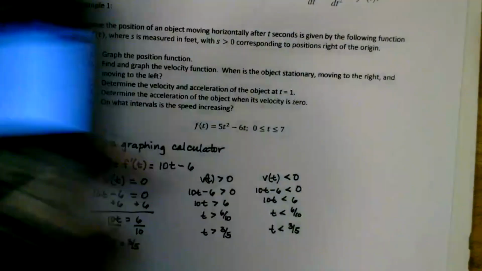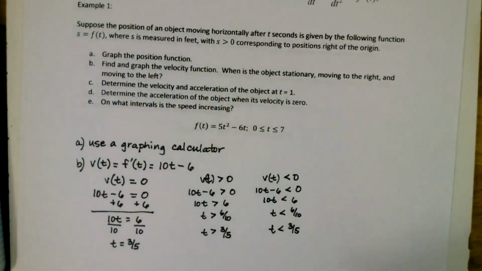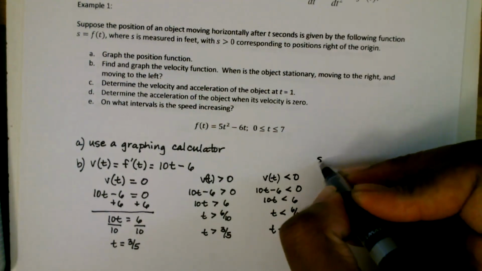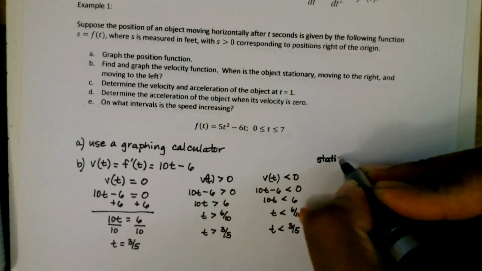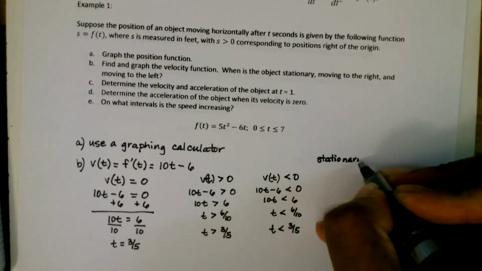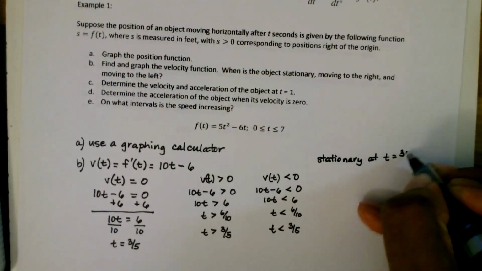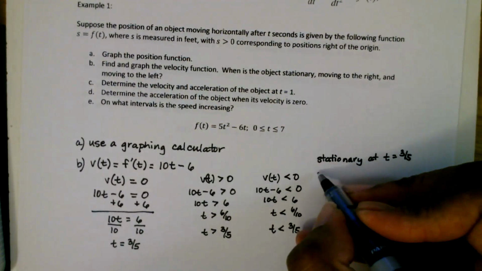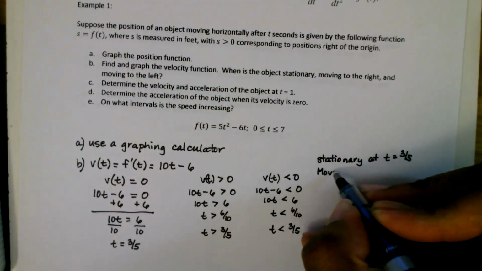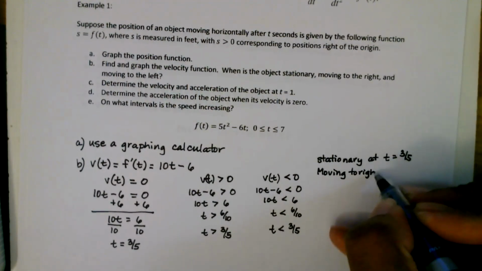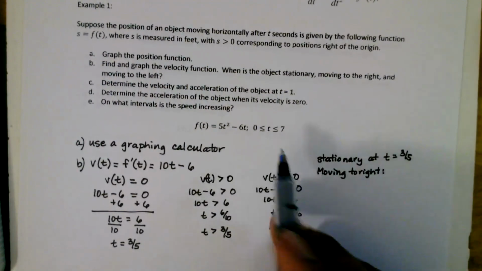So the intervals that they want: well, we know it's going to be stationary, meaning it's not moving, at t equals 3/5. Moving to the right: now we have to pay close attention to this interval right here.